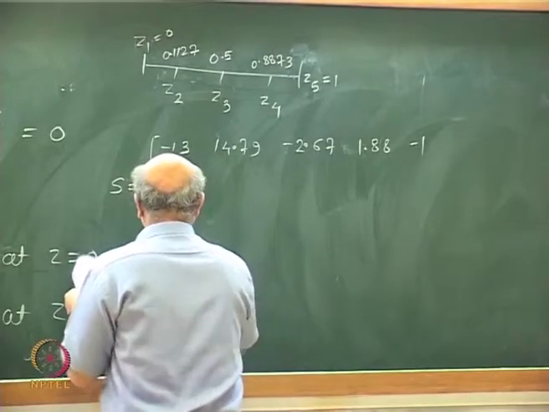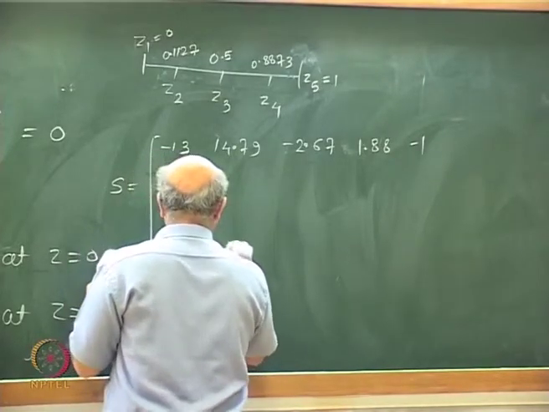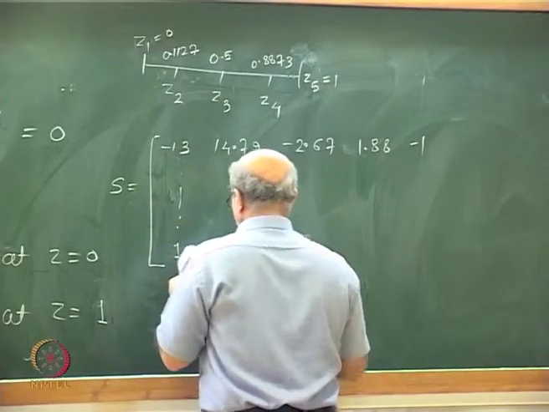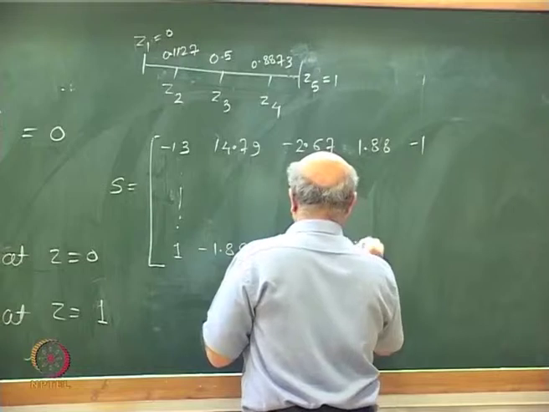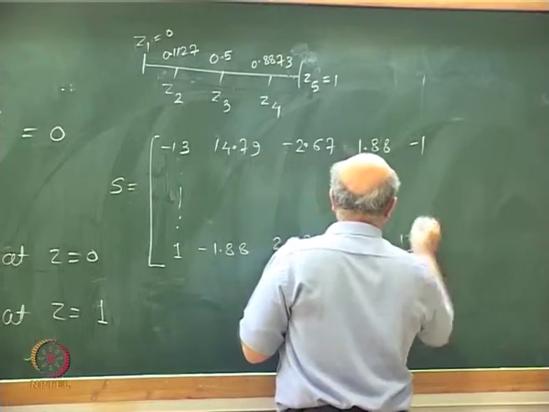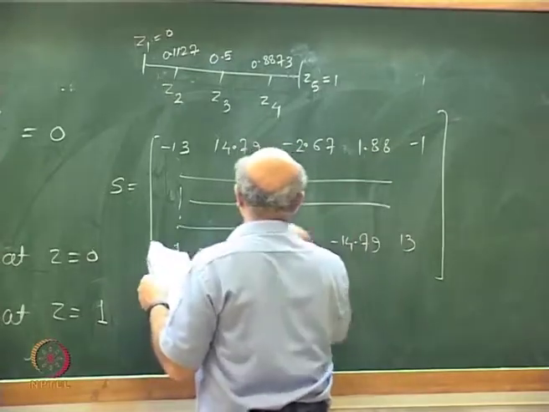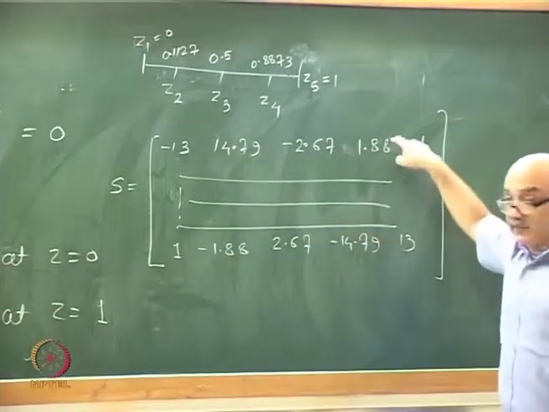So this is a 5 cross 5 matrix. There are 5 rows. This is the last row, this is the first row.